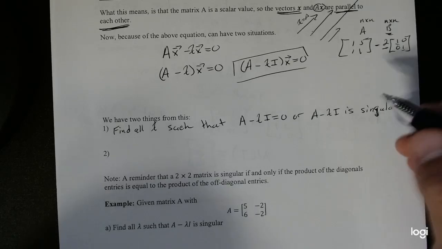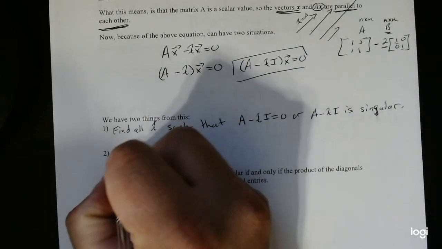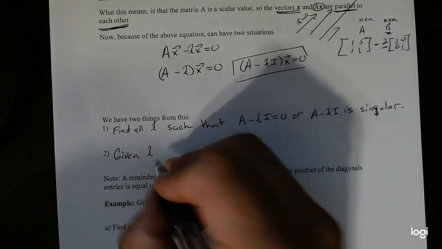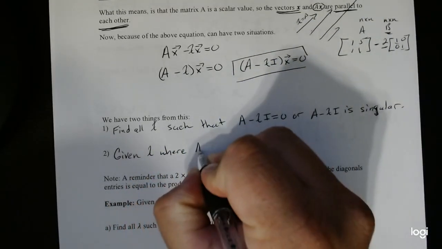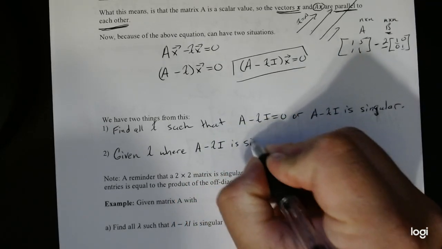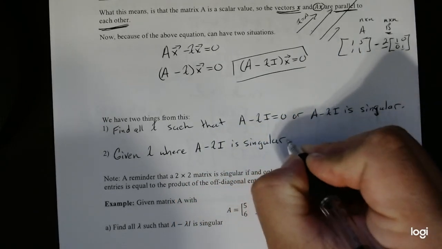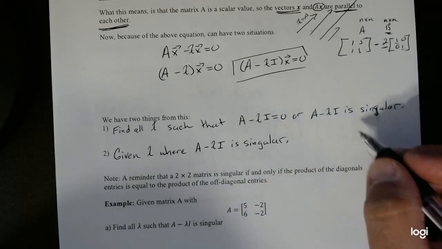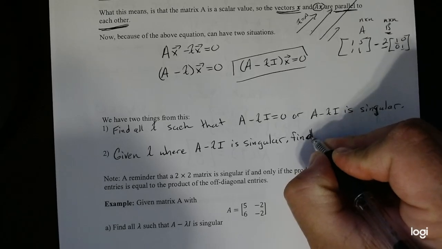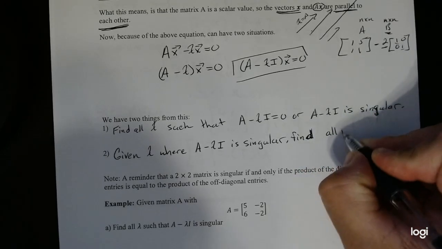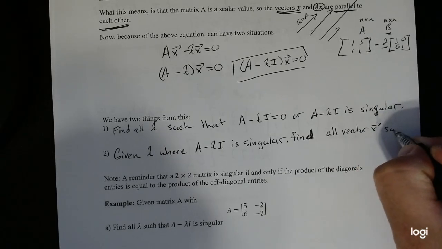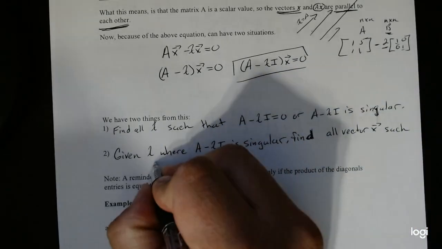Then, after that, given a lambda, an eigenvalue, where A minus lambda I is singular, we find all vectors x bar such that this is true.